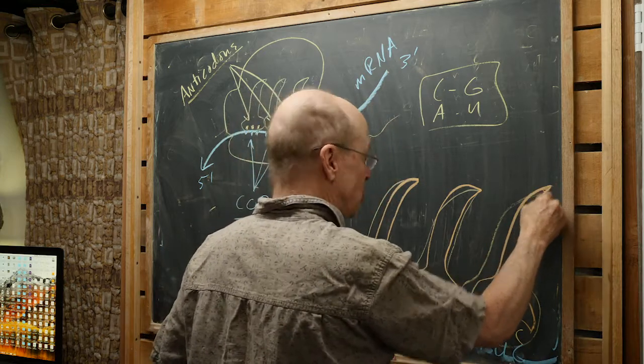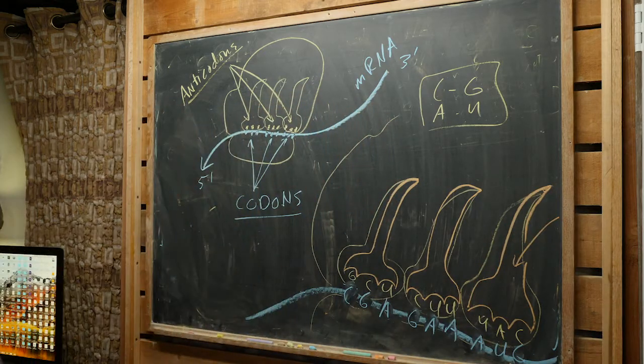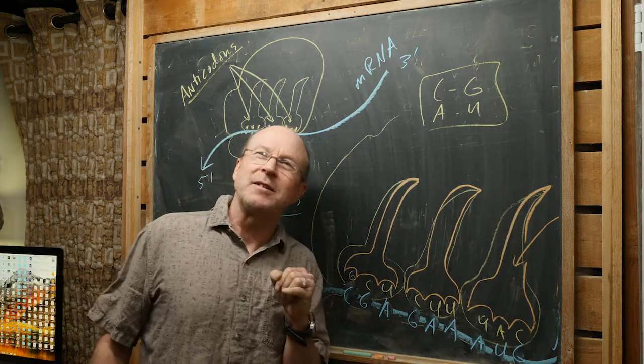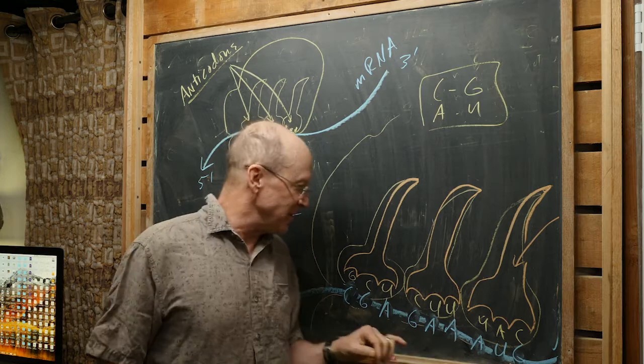This guy's going to come in charged, so we actually have to look at a table. I'm going to deal with this a lot more. I'm going to show you this table. So what I'm going to do right now is go to our table so you can actually see what these things are.